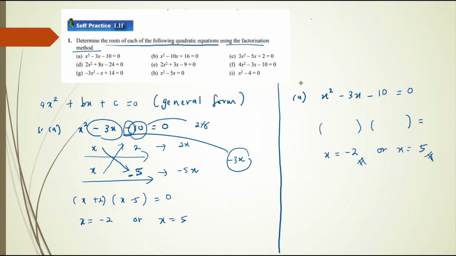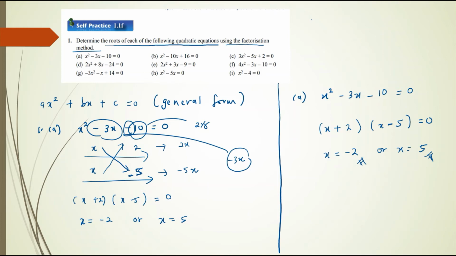Here we have a negative sign, so in the bracket we write positive: (x + 2). Here we have the answer in positive value, so in the bracket we write negative: (x - 5). Then we already solved this quadratic equation by using the calculator.